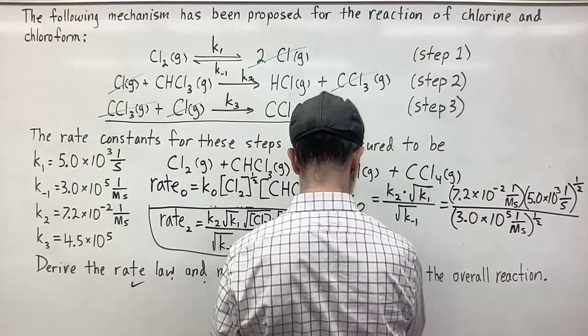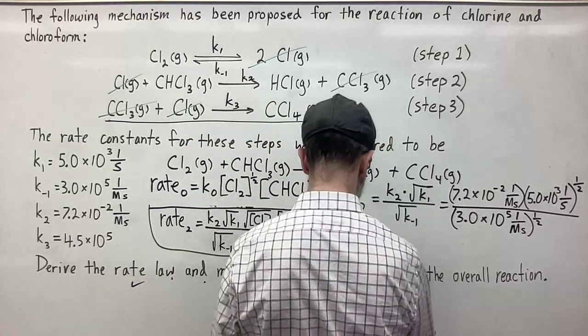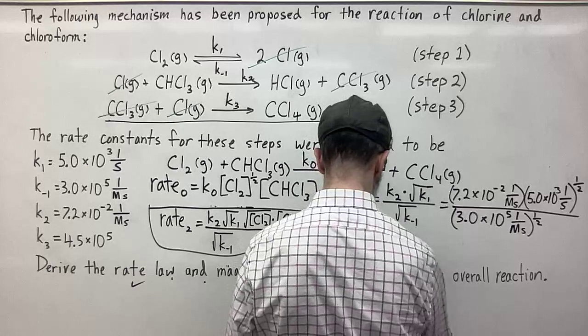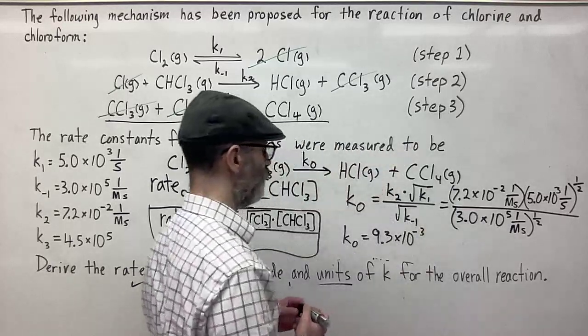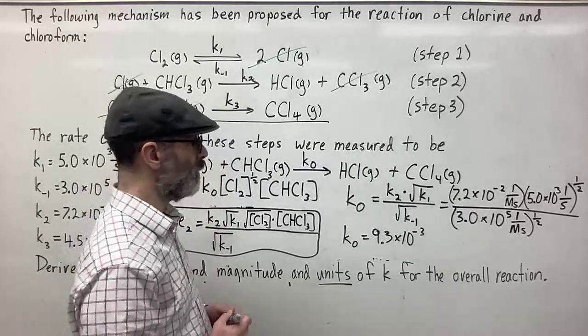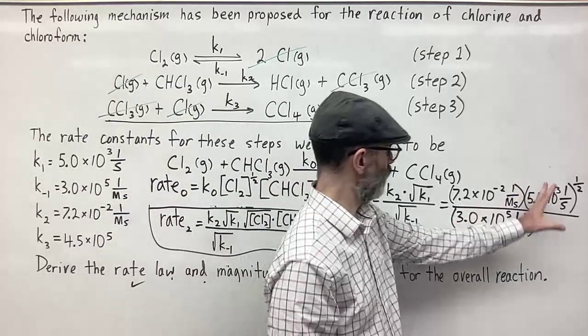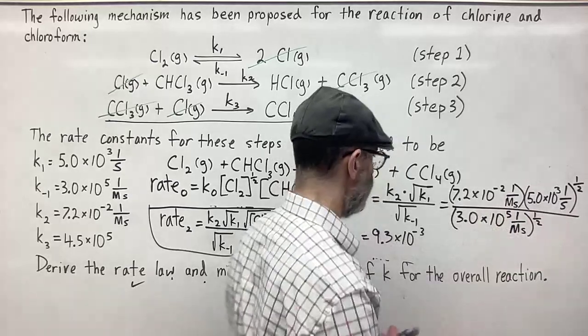So KO is equal to 9.3 times 10 to the negative 3. Now we just have to figure out the units, right? So let's take the units and figure that out.